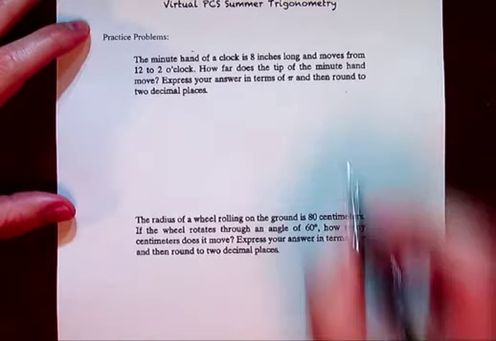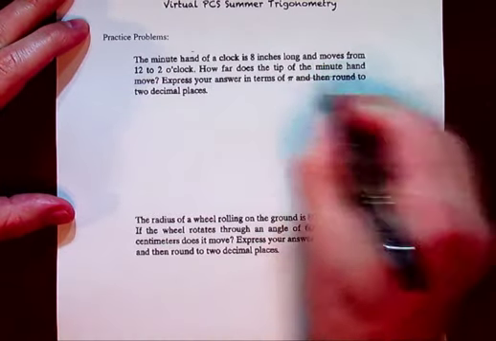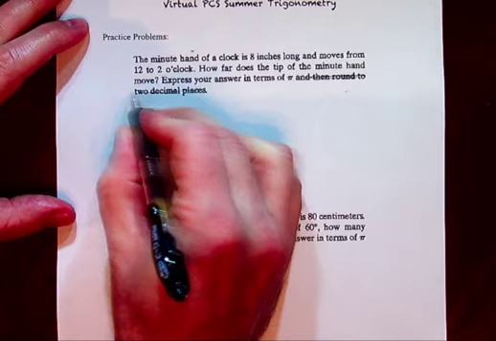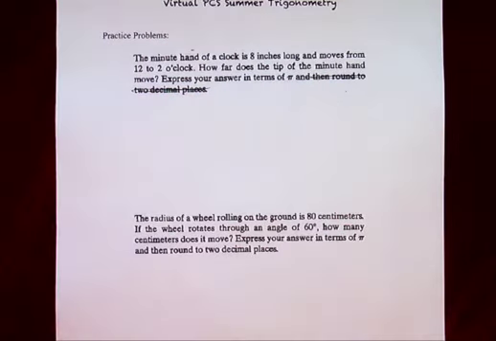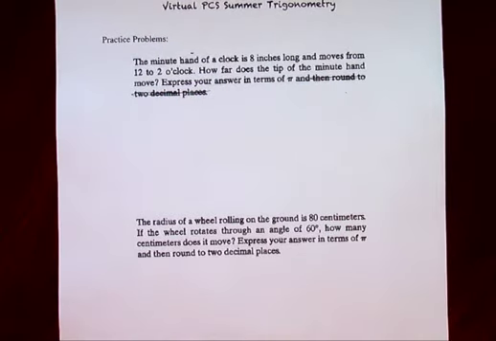Oftentimes I don't want you to approximate if there is a way, or at least a relatively simple way, of expressing the exact value. I only want you to approximate if it's necessary, okay? And you'll learn over time kind of what I mean by that.